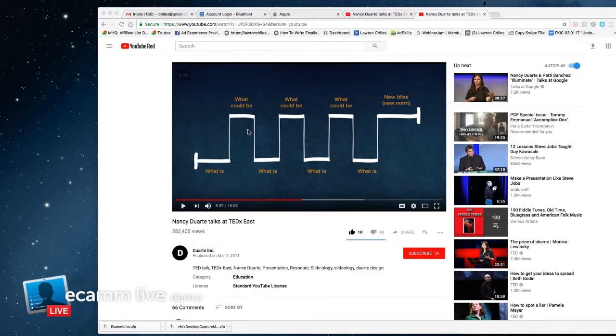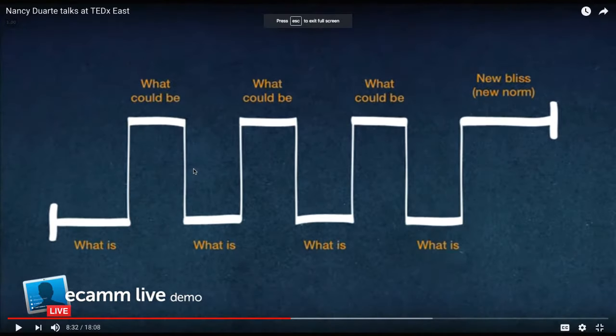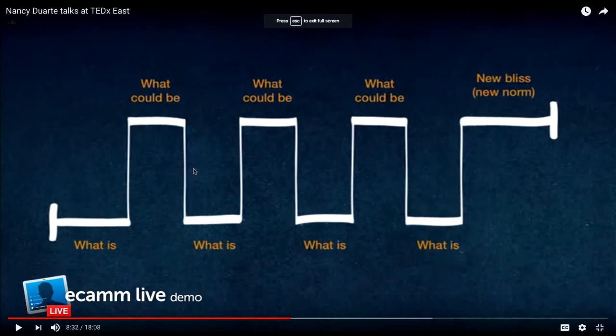Here's where things could be. This is how she outlines it for us, and it's very powerful, because she's basically showing us that there is a roadmap, there is a way to tell a story that convinces people to take action, and most people are not doing it, right?